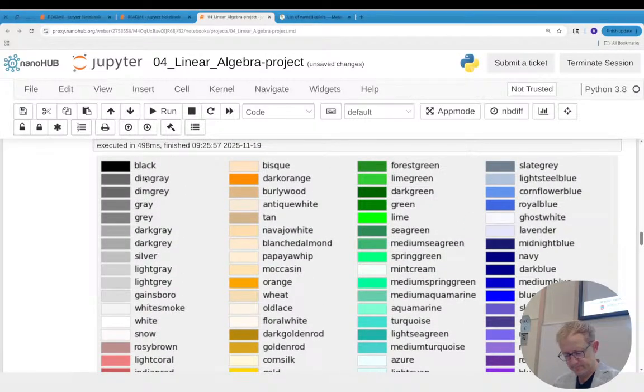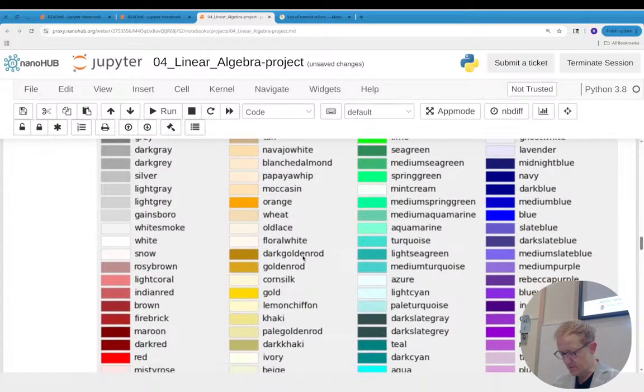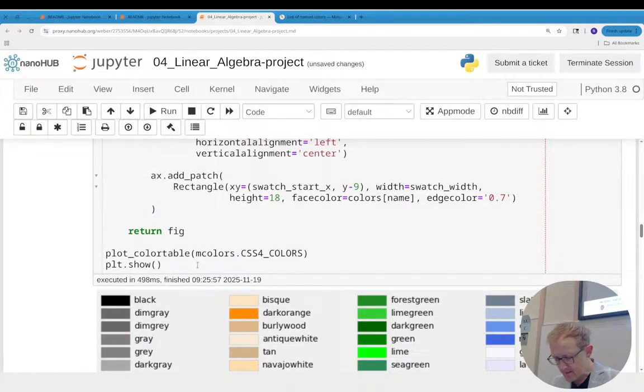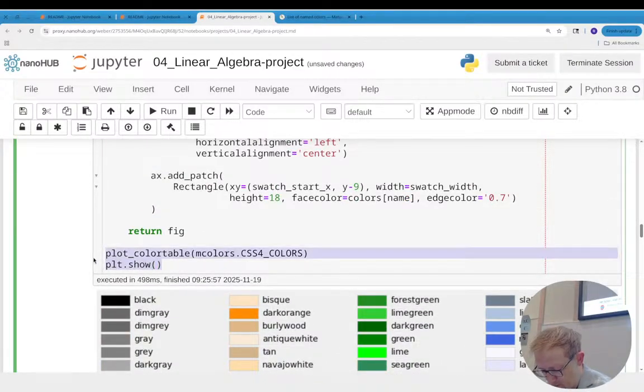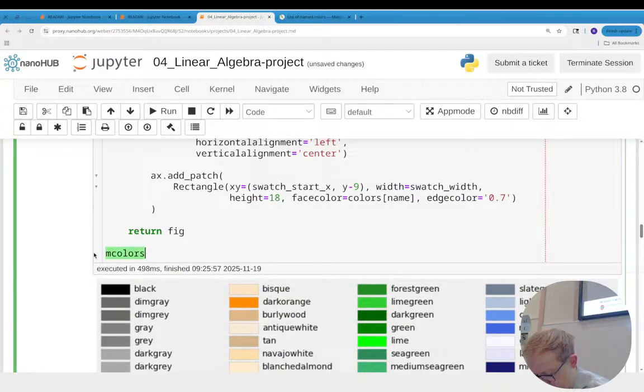But there's all sorts of cool stuff. I wonder if there's a way that I can get M colors.